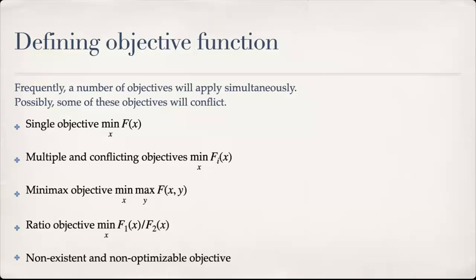For multi-objective, we have a number of conflicting objective functions. However, in case of minimax, we have a single objective function.